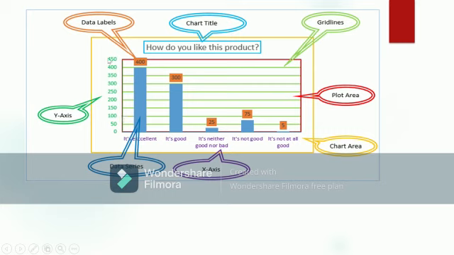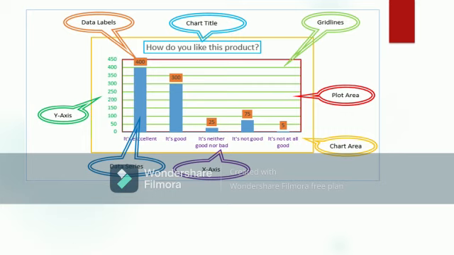Can you see this? Yes, the values of the different data. Here we are giving the category of the data. In the y-axis we are giving the value, so that is called the value axis.